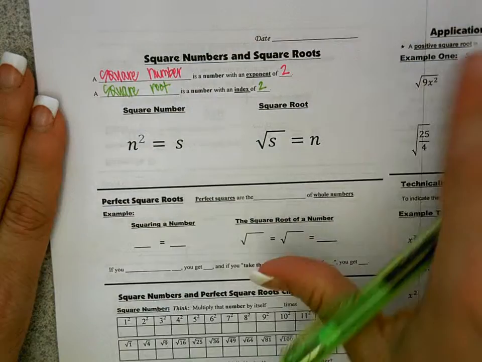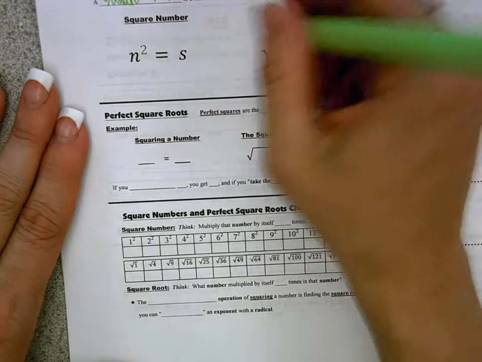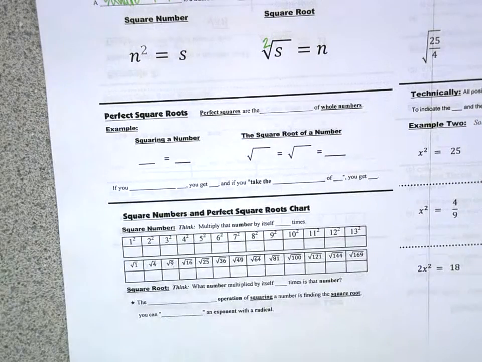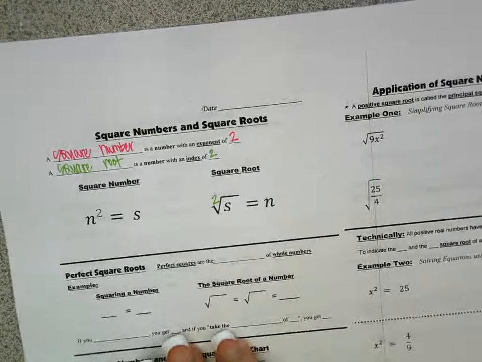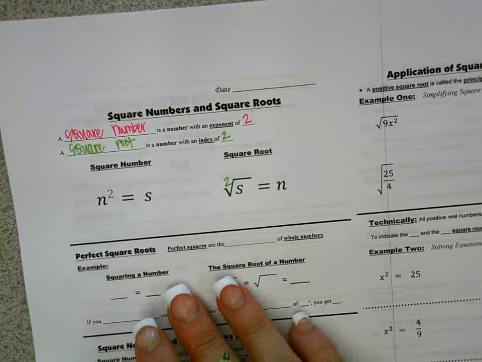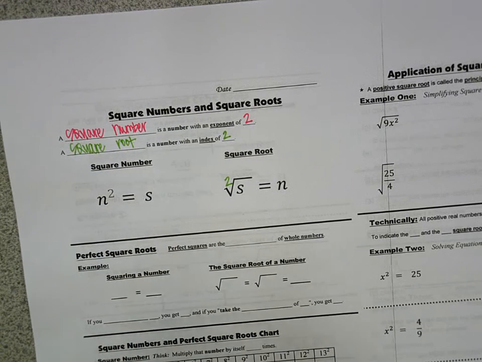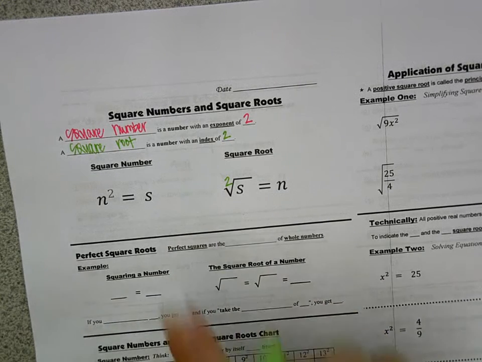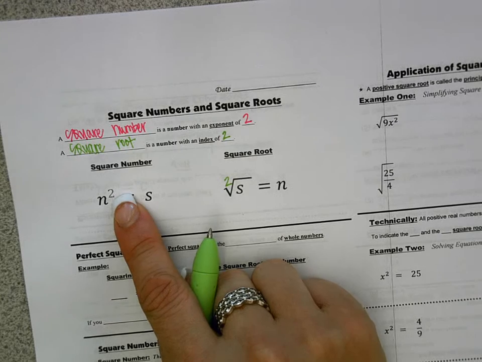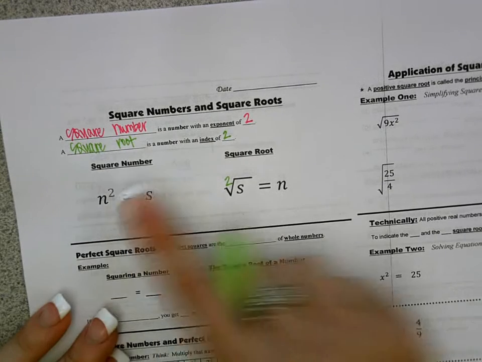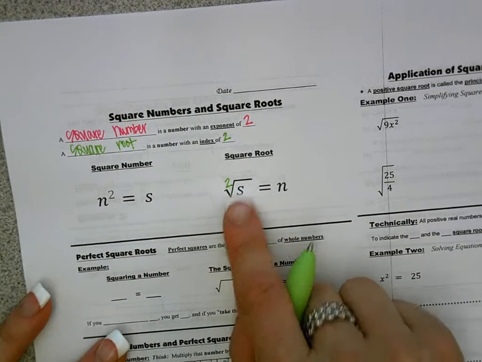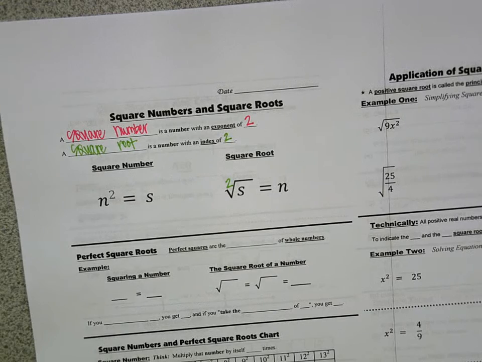An index means the number inside this little bar. So a square number has an exponent of 2, and a square root has what's called an index of 2. This is the index number right there.